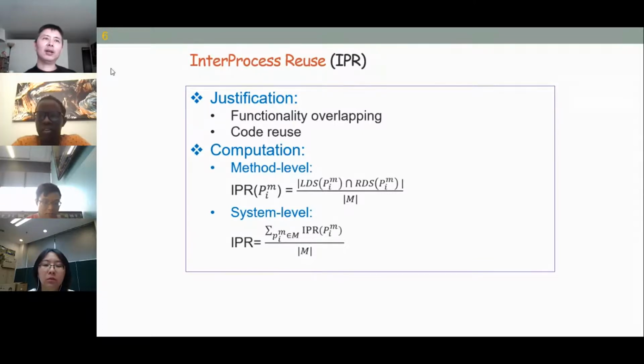The method level IPR for method M in process PI is the ratio of the intersection of the local dependent set and the remote dependent set of M to the size of the entire set of covered methods in all processes. The system level IPR is the ratio of the sum of the method level IPR measures over all methods in the system execution to the size of the entire set of these methods.